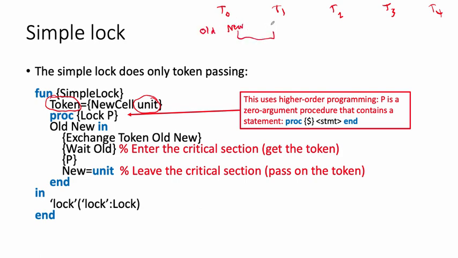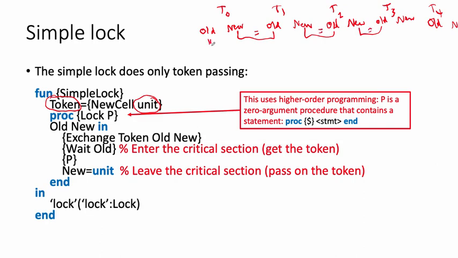The next thread will have old and new, and this one will have old and new, and so on. Let me write and explain how it works then. The new value of one thread is equal to the old value of the next thread.